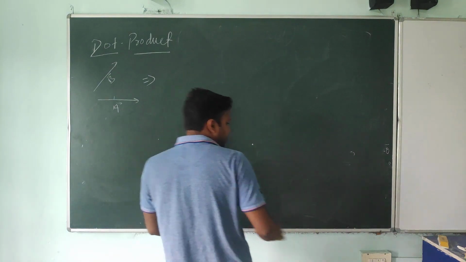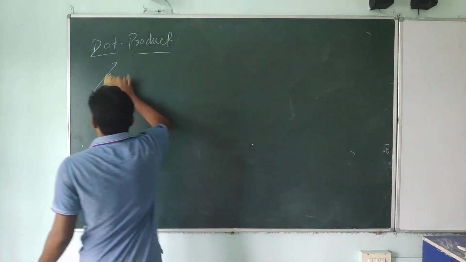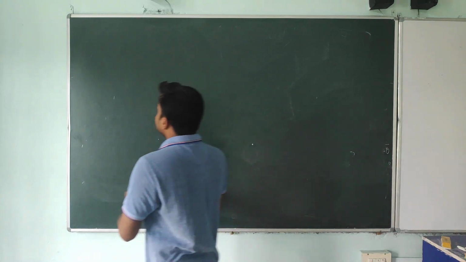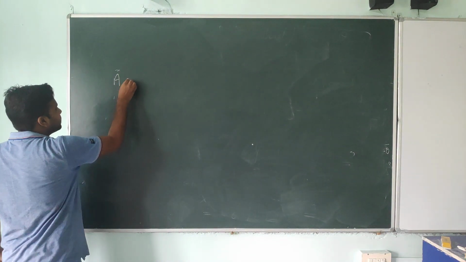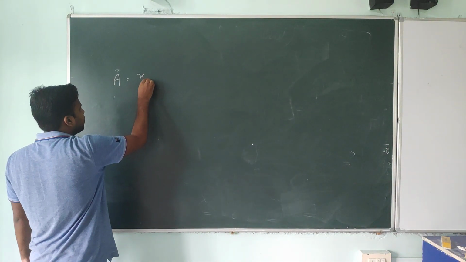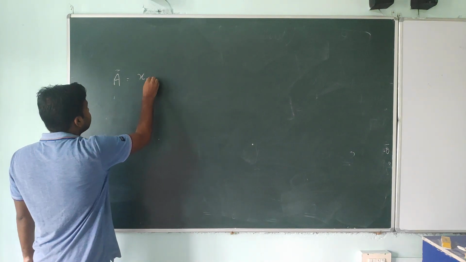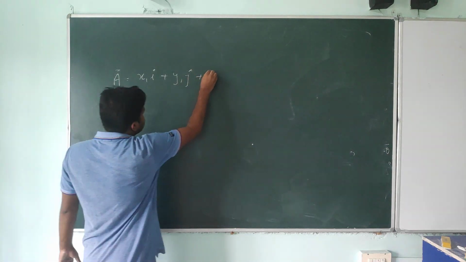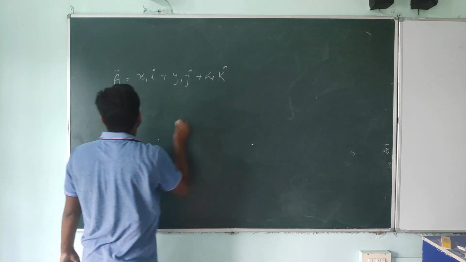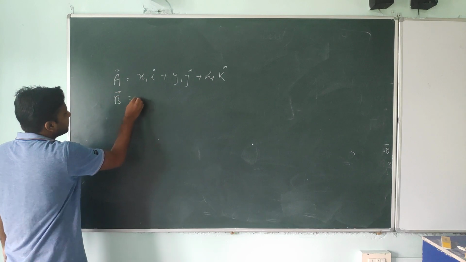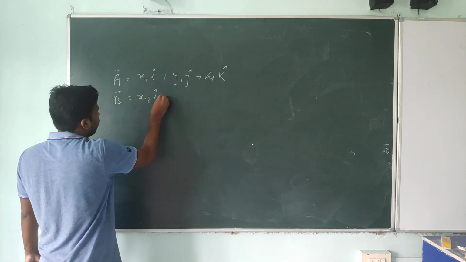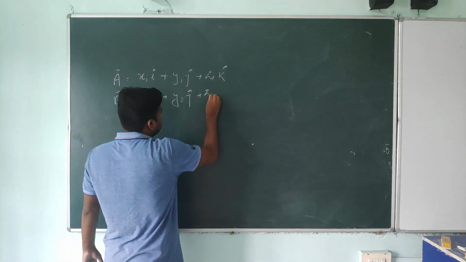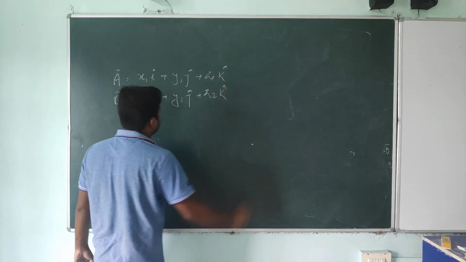Here we have two vectors given like this: vector a is x1 i cap plus y1 j cap plus z1 k cap, and vector b is x2 i cap plus y2 j cap plus z2 k cap.